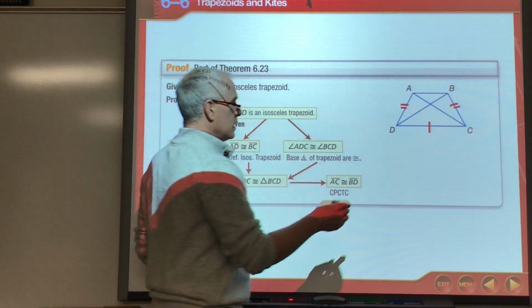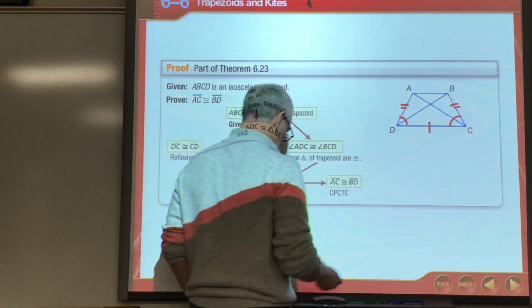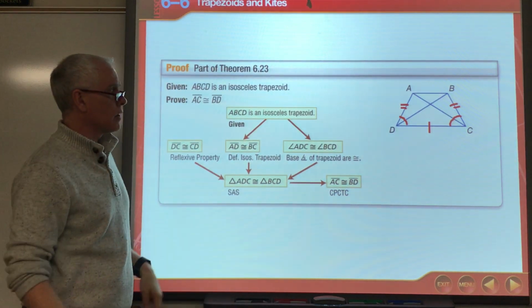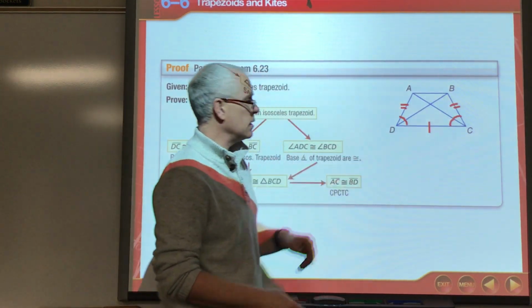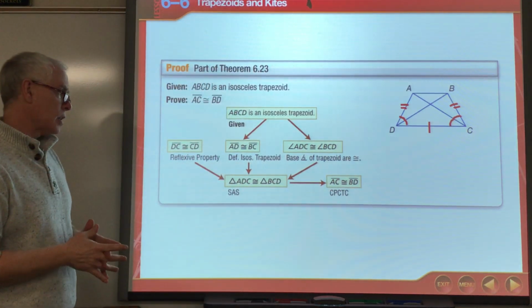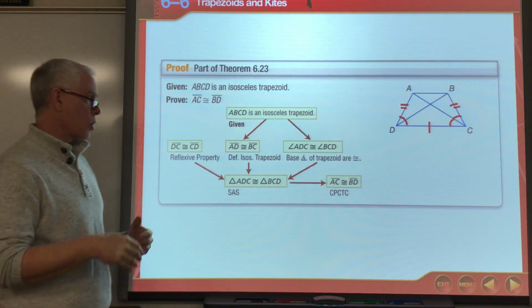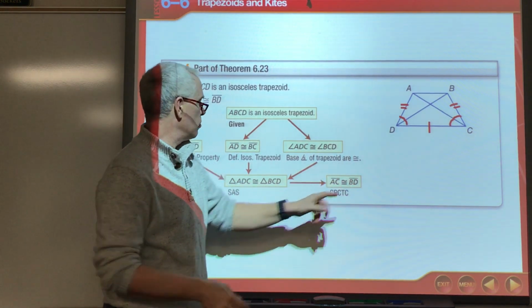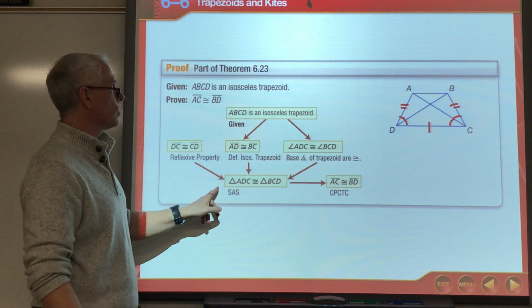And then angle ADC and BCD are congruent. So you've got a couple of triangles that overlap, ADC and BCD. And by side angle side, those two triangles are congruent. And if the triangles are congruent, then their corresponding parts are, and AC and BD are corresponding parts, and so the diagonals have to be congruent.